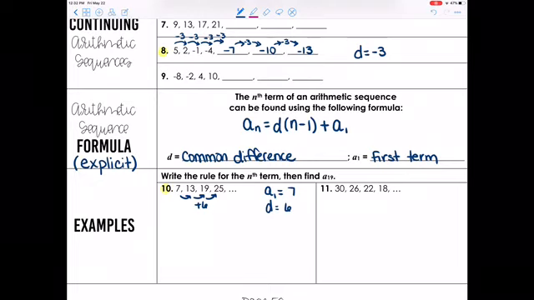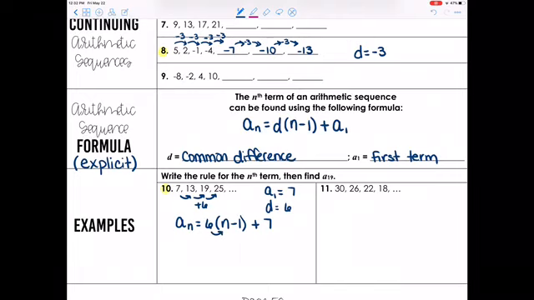If we plug into our formula, A sub n is equal to the common difference times n minus 1 plus 7. Notice that A sub n and n stay in our formula when we're writing them. Now, that's not the most useful form. We can rewrite this in order to simplify.